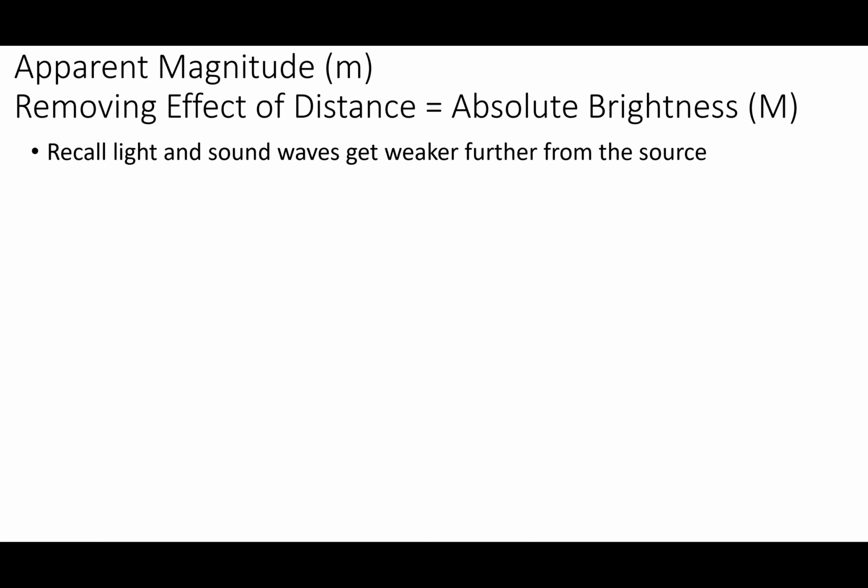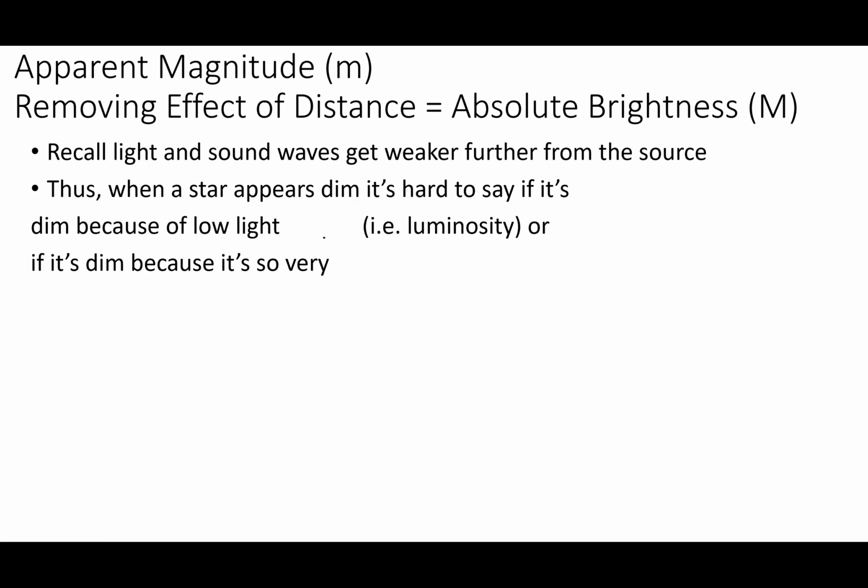The farther you get from the source, the dimmer it's going to appear. Okay? So it's hard to know if a star is dim because it's not pumping out much energy, or if it appears low because it's just far away. So we have those two things that would make something appear kind of dim in the sky.